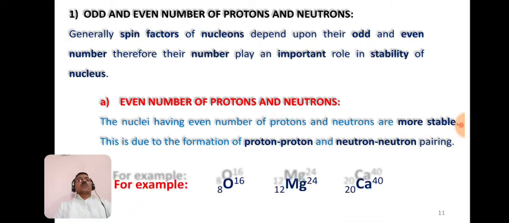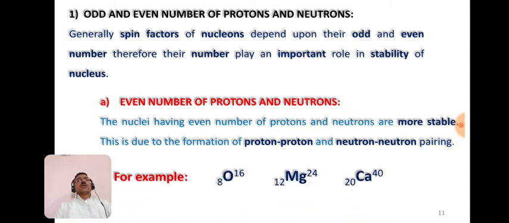For example, see here oxygen atomic number 8 and mass number 16, magnesium atomic number 12 and mass number 24, calcium atomic number 20 and mass number 40. So in case of oxygen, there are 8 protons and 8 neutrons. So all are in paired form. In case of magnesium, there are 12 protons and 12 neutrons.